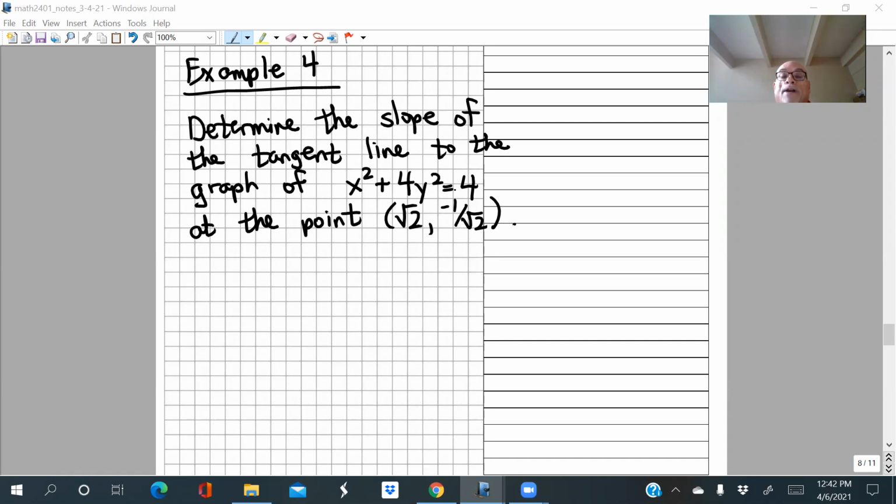And 1 point on the graph of this equation is this point, square root of 2 and minus 1 over the square root of 2. So we want to find the slope of the tangent line at this point on the curve. We'll try that one using implicit differentiation again when we get back.